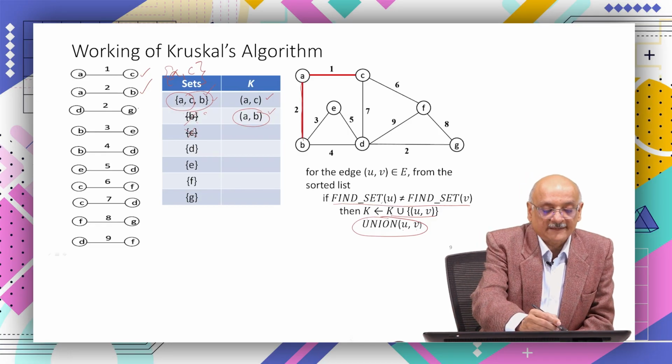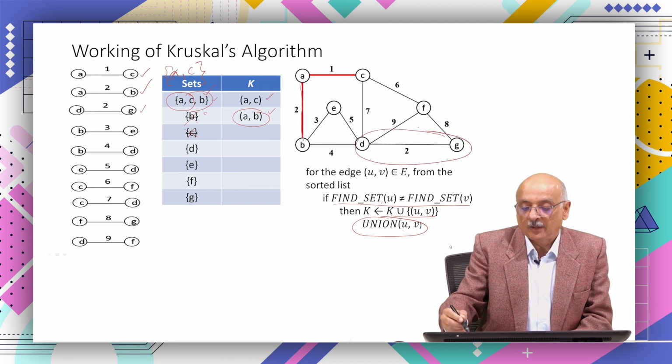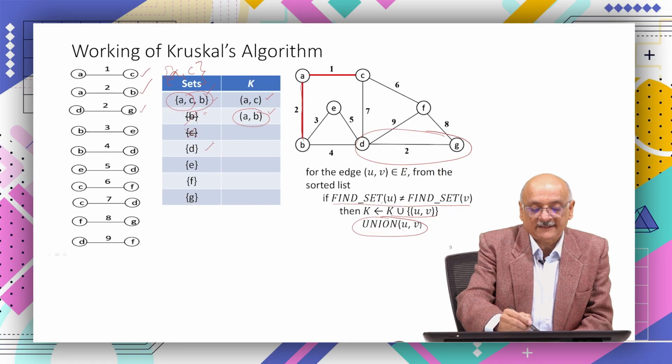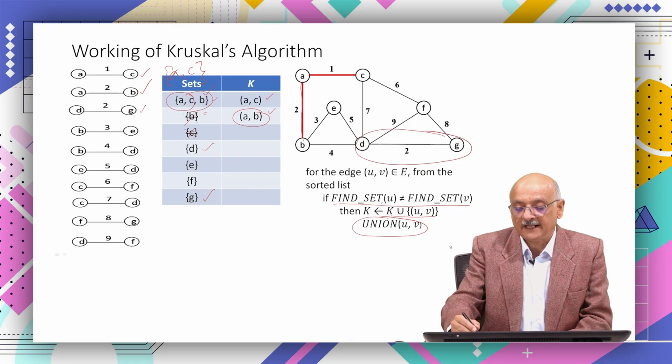Now let us take the third edge, DG. This is the edge we are now considering. D is a separate set and G is a separate set. D as well as G, both are separate sets. We have found the set of D as well as the set of G. They are not the same, therefore add this.